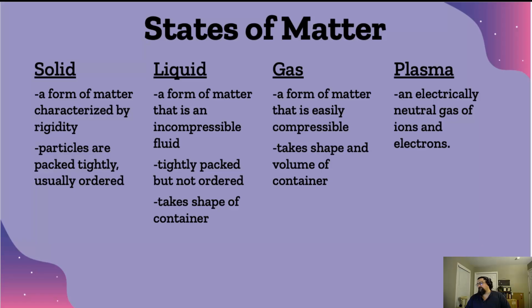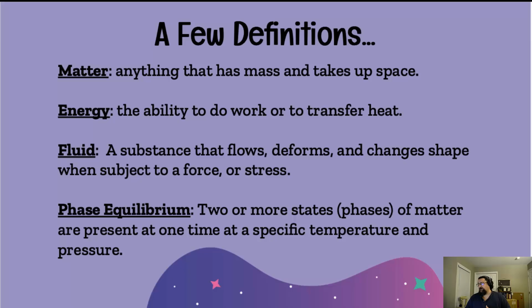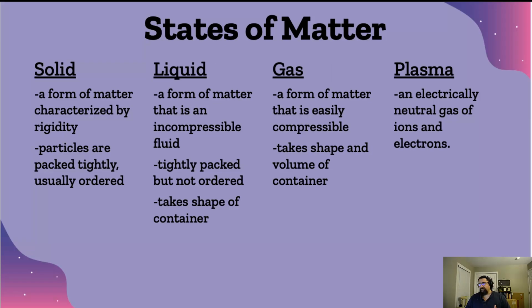And then when we get into covalent bonds, you get those intermolecular forces kind of pulling these things together. Now, with a liquid, you get a form of matter that's an incompressible fluid, right? So we talked about a fluid, again, being something that flows, deforms, changes shape when we subject it to a force or stress. Well, when we're talking about liquids, they are a fluid because they can change shape, but these are incompressible.